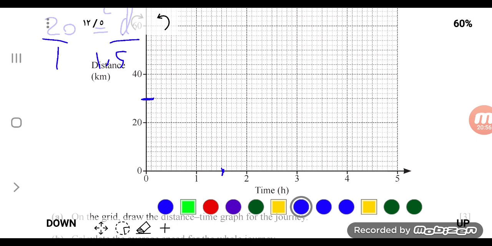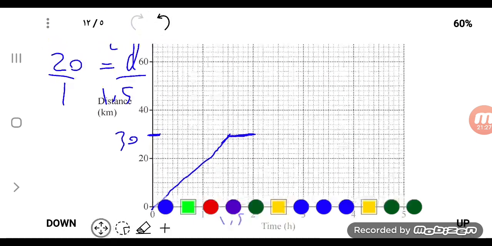So you have to draw this graph: 1.5 here and 30 here. Then he stopped for half an hour. So you have to draw a horizontal line like this. Half an hour means from 1.5 to 2, it will be a horizontal line because he's not moving here. So you have to draw a horizontal line.